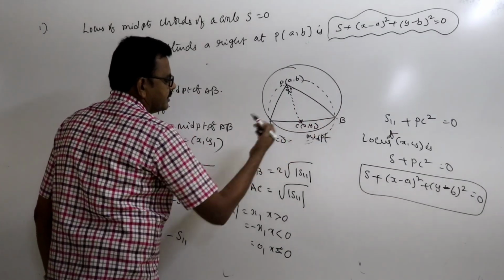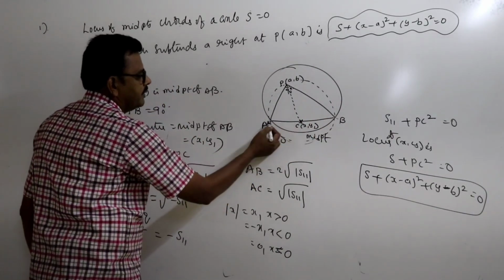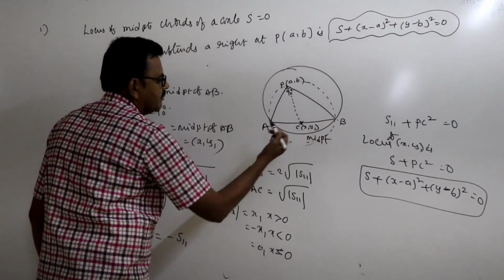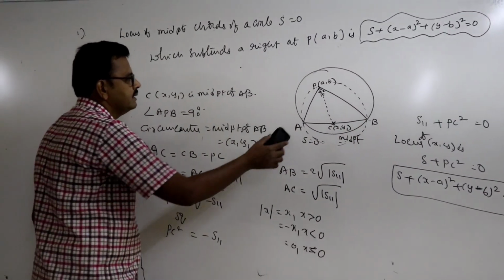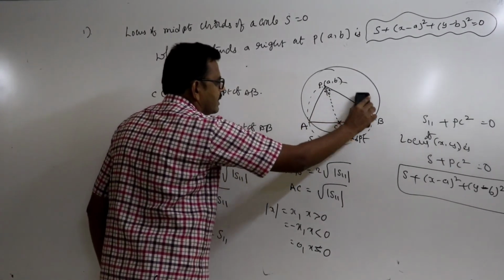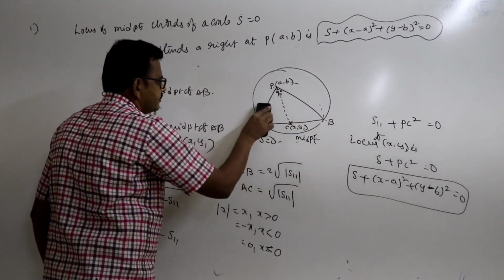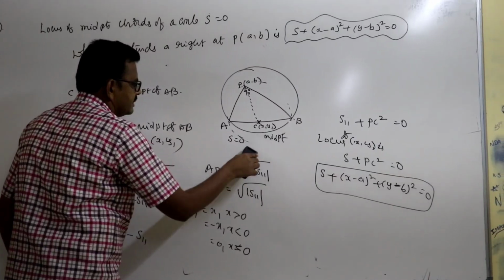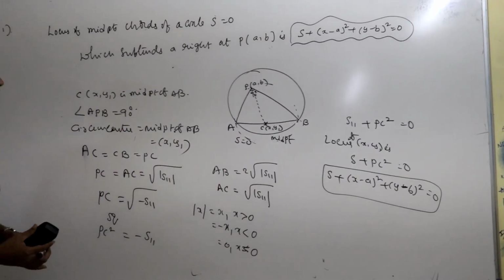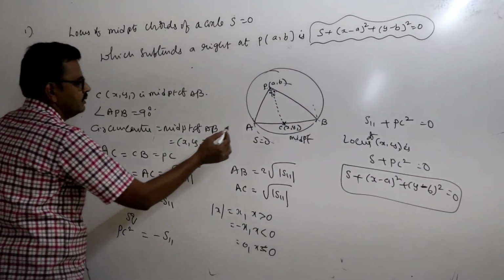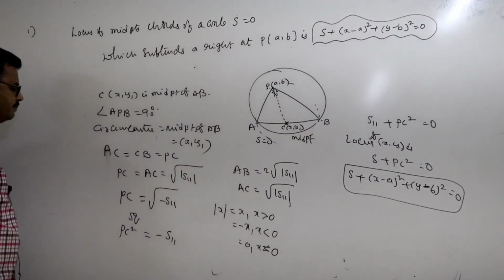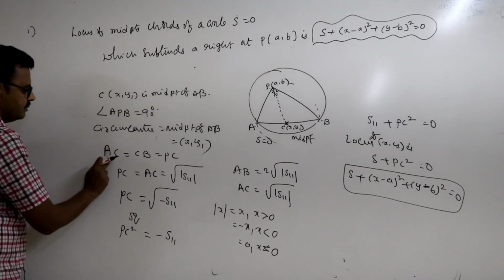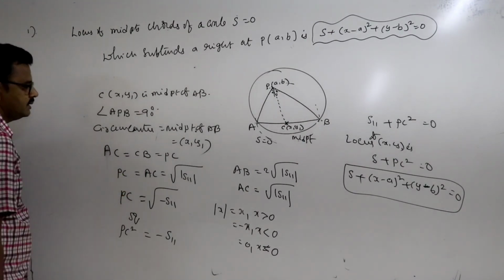Here AB is the hypotenuse, and the circumcenter is the midpoint of the hypotenuse, which is x1, y1. The circumcenter is equidistant from the three vertices of a triangle. Therefore AC is equal to CB is equal to PC.